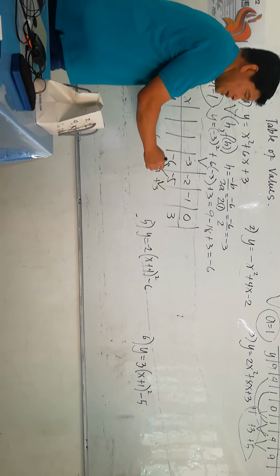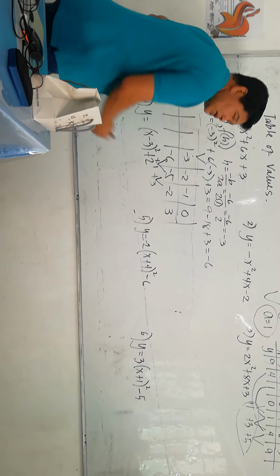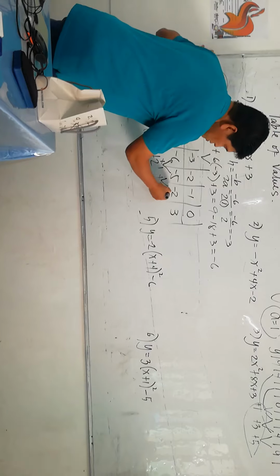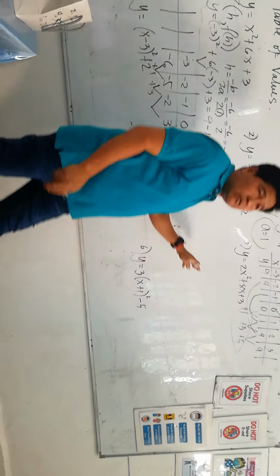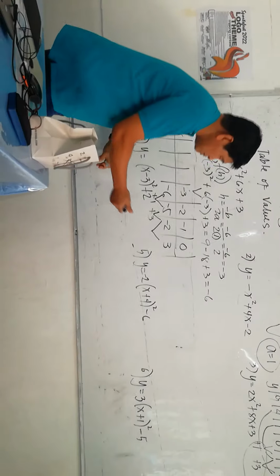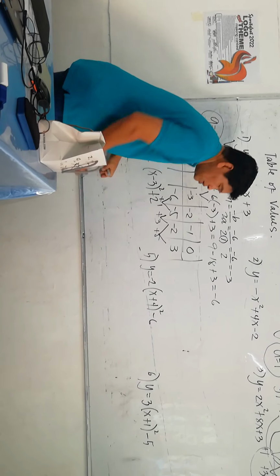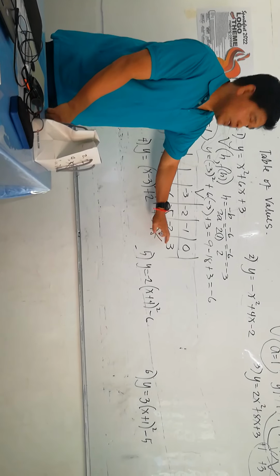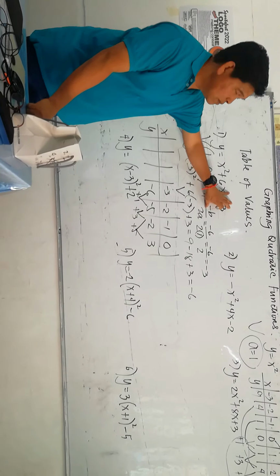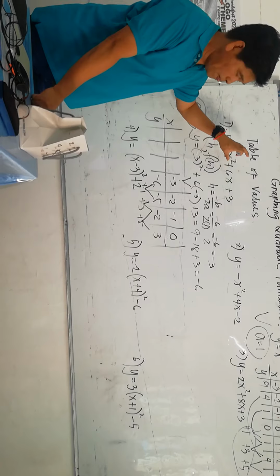So negative 5 plus 3 equal to negative 2. What we added here is 5, so we add 5. As you notice, negative 2 plus 5 equal to 3, which is equal to the value of the constant when x is equal to 0.